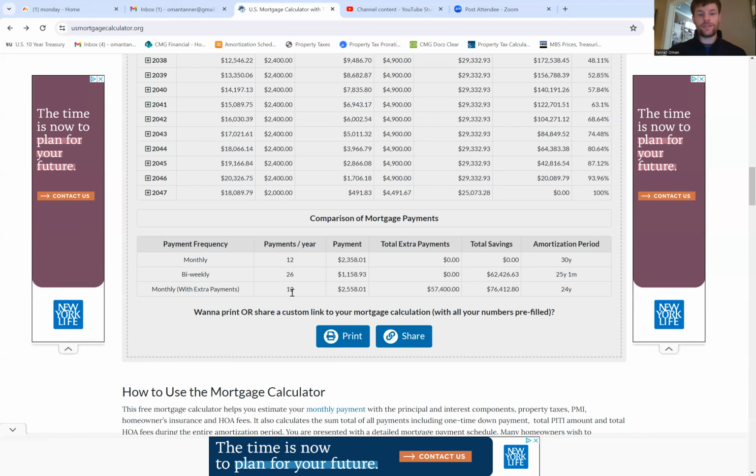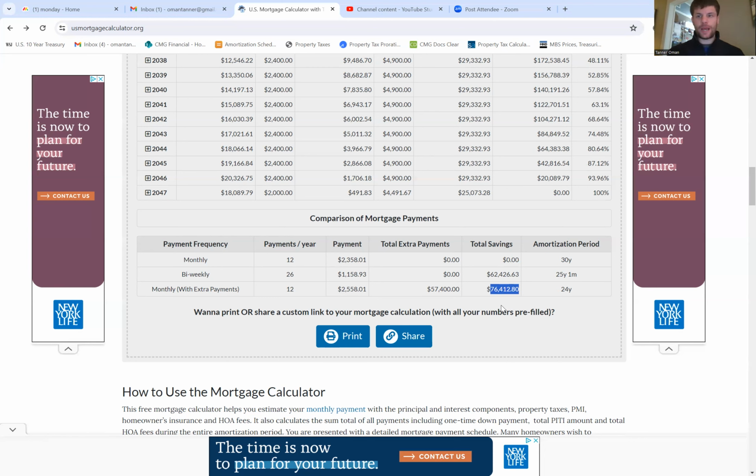With monthly payments, if you did that $200 a month that I was showing, again, your monthly payment would be $2,558 instead of bi-weekly payments of $1,158. That would be, again, $57,000 extra that you pay in just the life of you having that mortgage. But that would save you $76,000 in total savings just by paying that extra $200 a month.